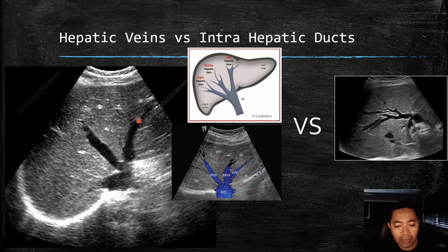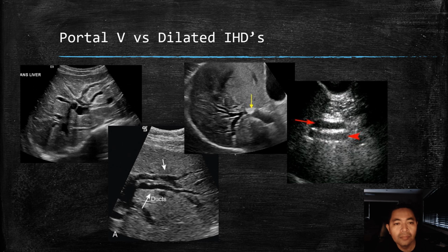If one would follow the hepatic veins on the transverse axis, they would be seen draining into the IVC. Distinguishing dilated bile ducts from the portal venous system is a little bit more tricky.